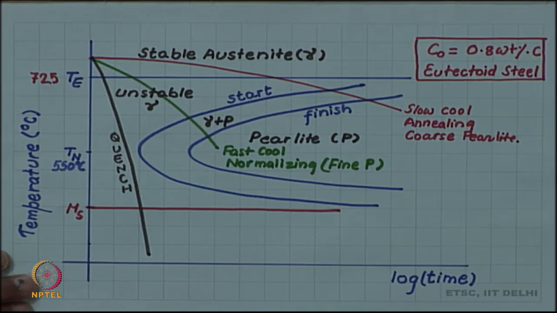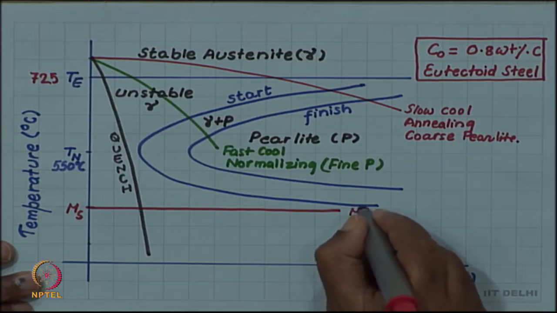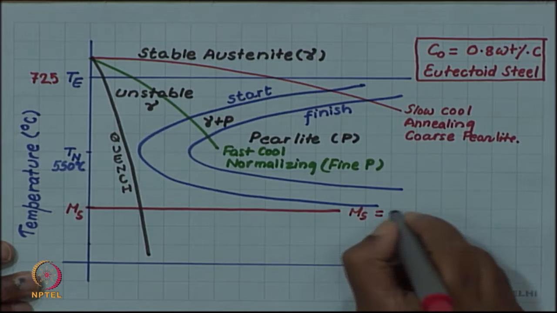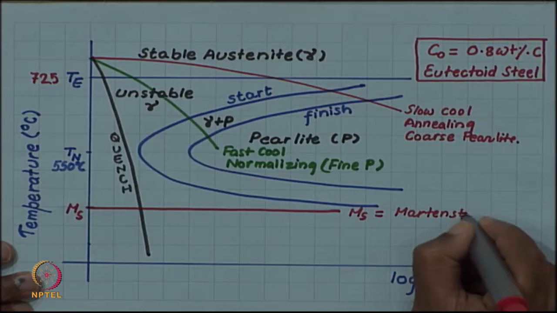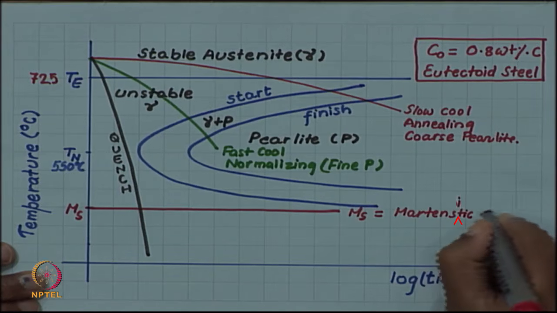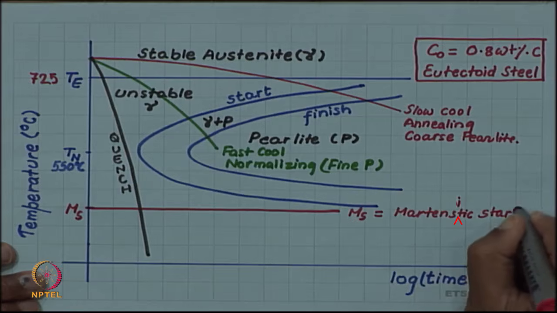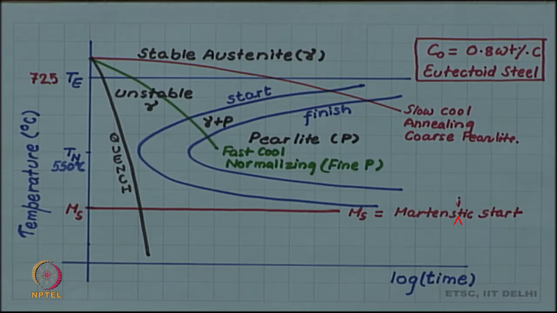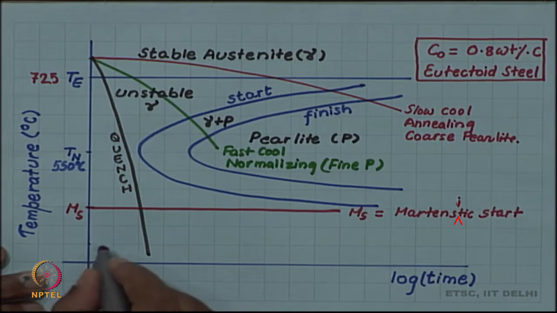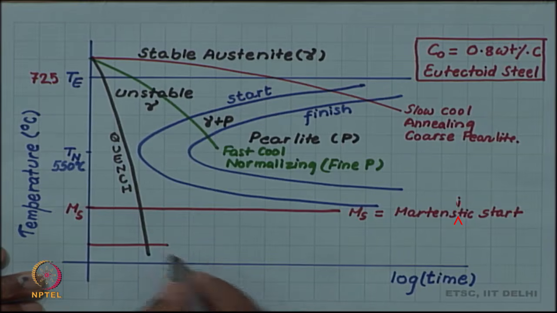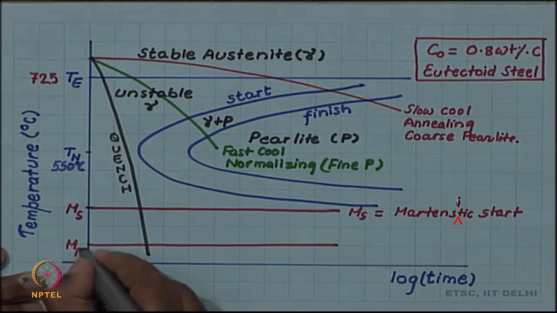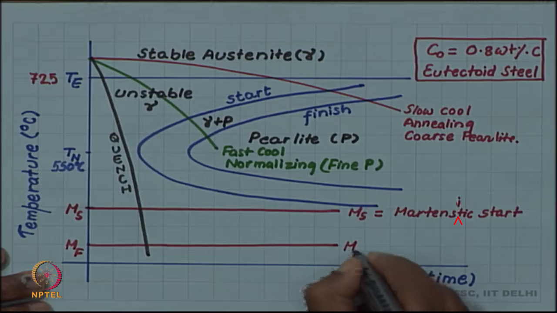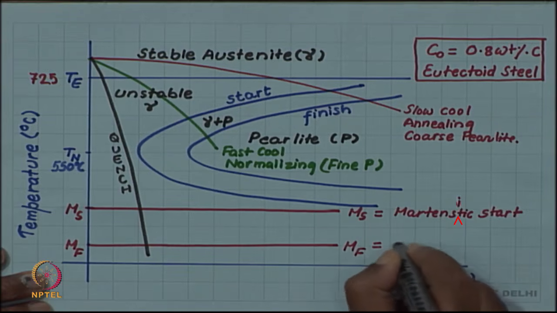So, Ms is the Martensitic start, the temperature at which the Martensitic transformation begins. And then there is another temperature below that, and I draw another horizontal line there, which is Mf, the finish of the Martensitic transformation.